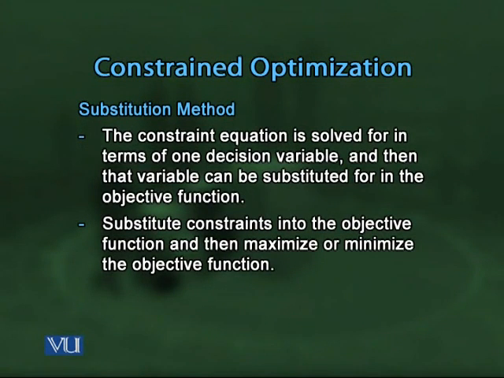Obviously, a cost function is to be minimized but subject to some constraint. Similarly, if it is a profit function or a revenue function, it is to be maximized, subject to some constraint. In order to make our problem simple, we have taken the same example here that we have used for the unconstrained optimization.